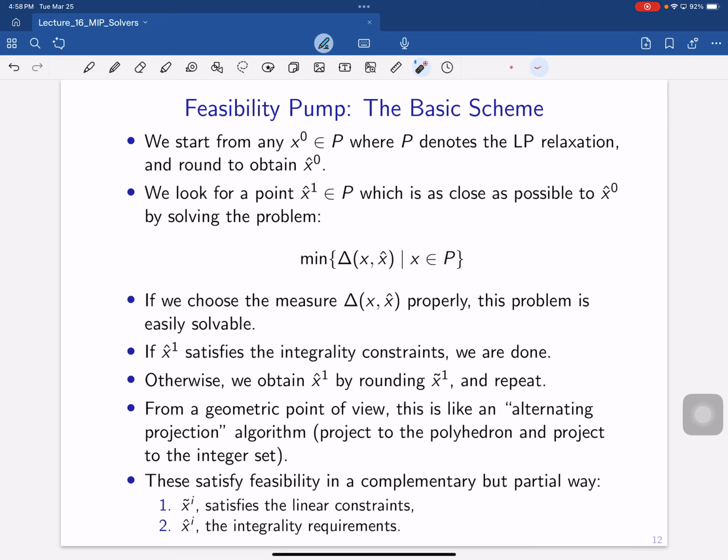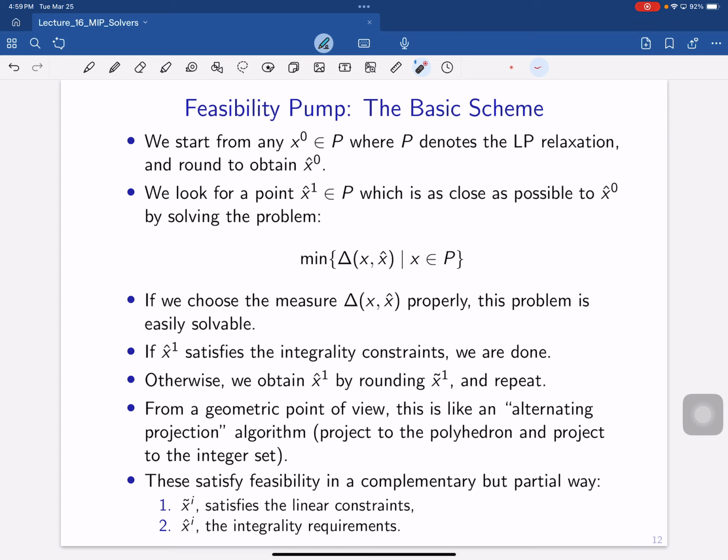Now, feasibility pump gives you an alternating scheme to satisfy both sets of constraints. It first tries to satisfy the integrality constraints, and then the linear inequalities may be violated. So now let's make the solution satisfy the linear inequalities.